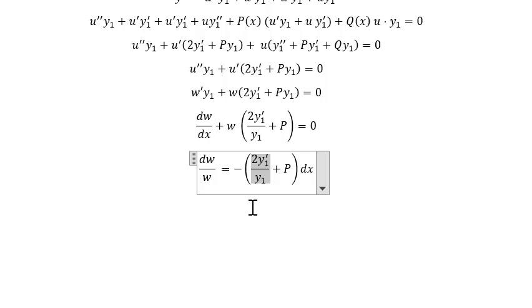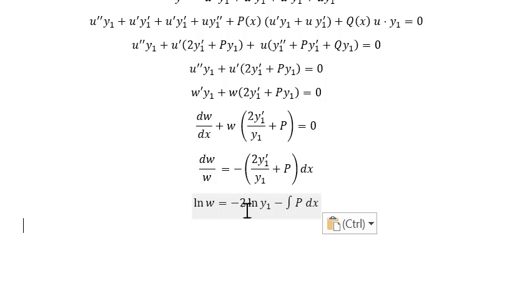And so this will end up being the ln function. So the integral of both sides will give us an ln of w on this side, and then taking out the minus 2, we get the ln of y1, and then here the negative sign, and the p will give negative p, the integral of negative p with respect to x.